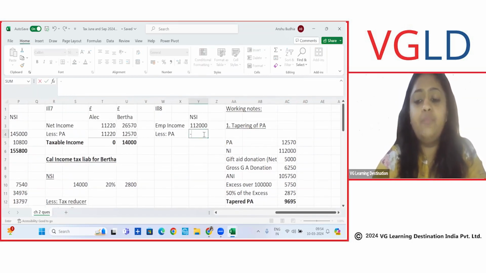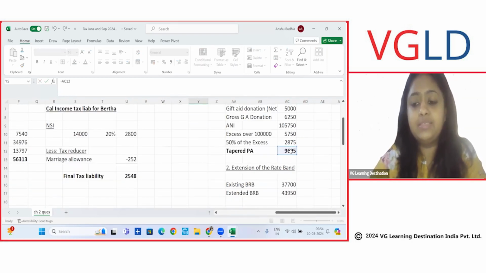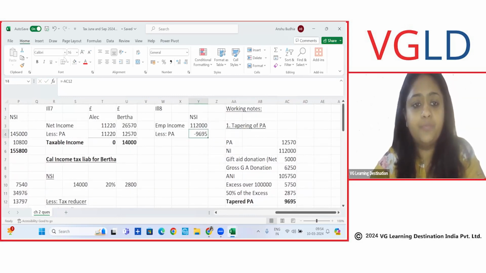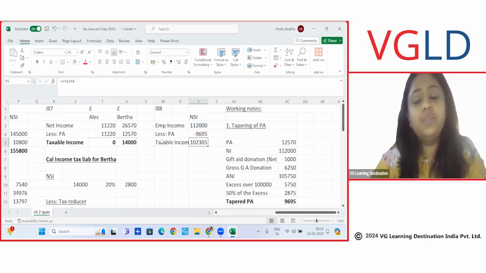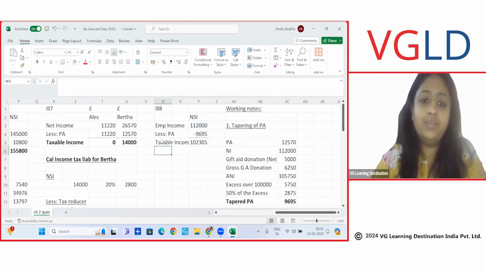So now here I will reduce the tapered PA 9695. So I will have taxable income. This is the taxable income, people. I hope we are clear.